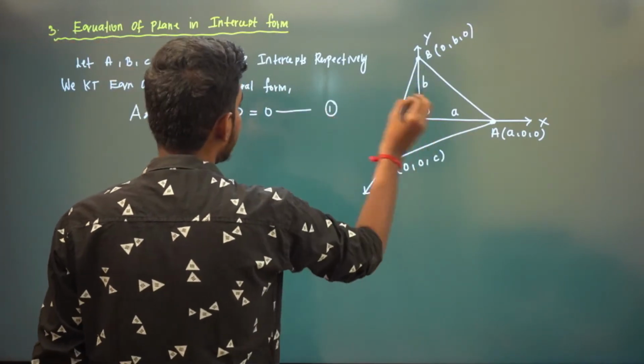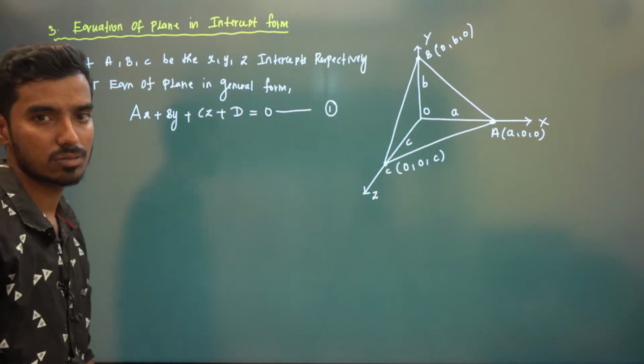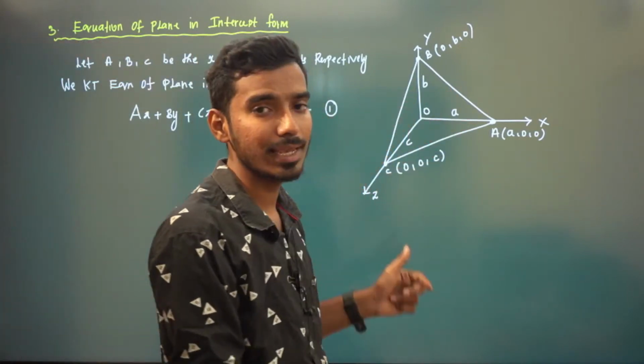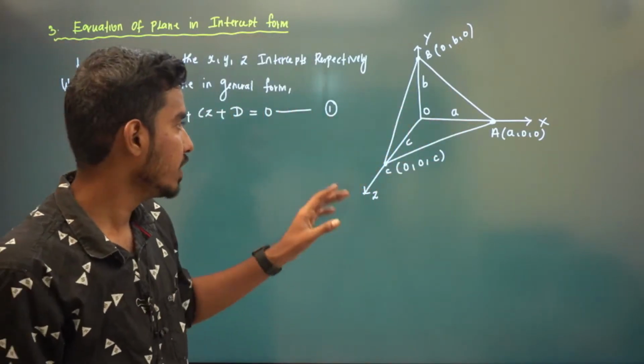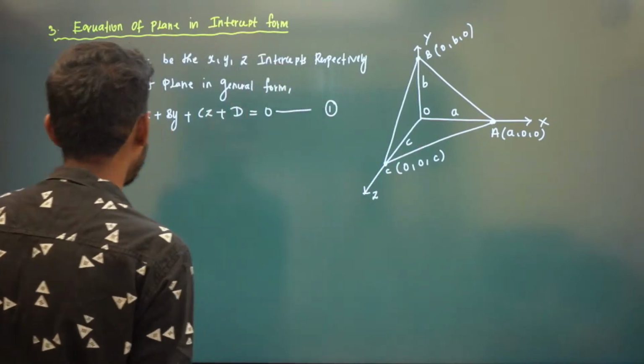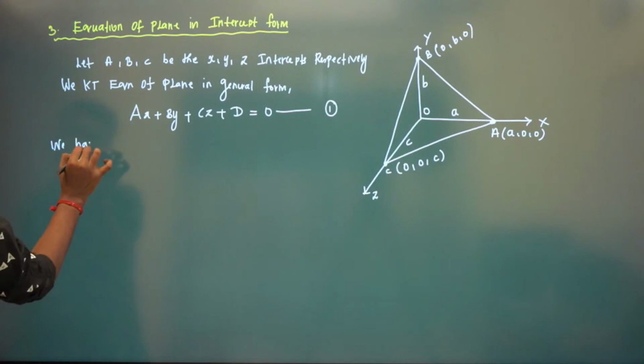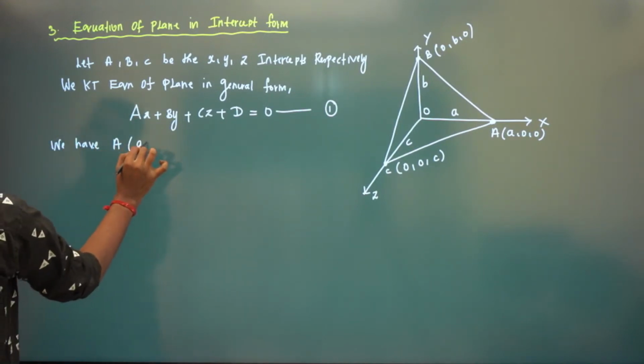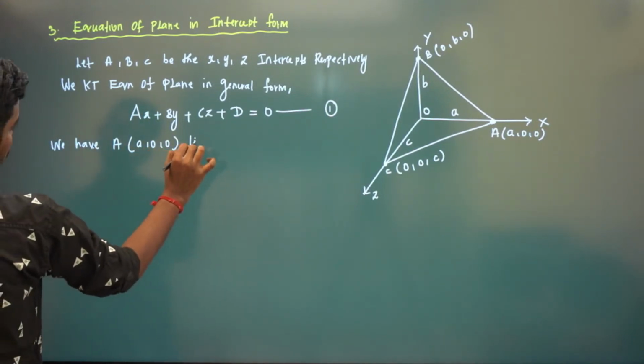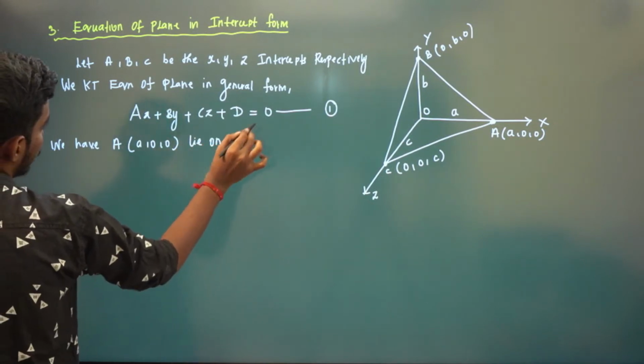Now these 3 points lie on this plane. Yes or no? These 3 points lie on the surface, lie on the plane. That means they will satisfy this equation, right? So we have point (a, 0, 0) lies on the plane.